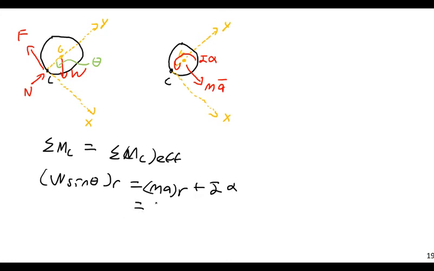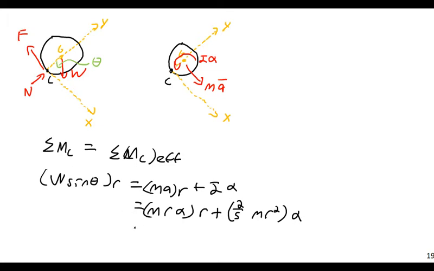And then this here is going to be equal to MA. Well, this is M R alpha. I'm going to replace my A with R alpha times R plus, now the formula that you can look up in the table for the moment of inertia of a sphere is 2/5 mr squared, times alpha.